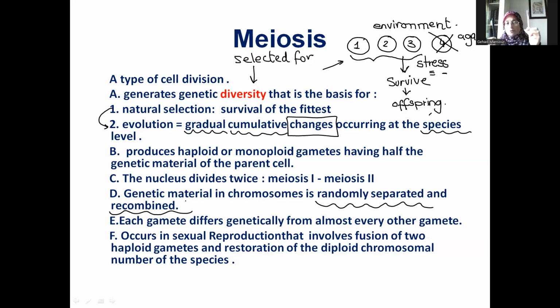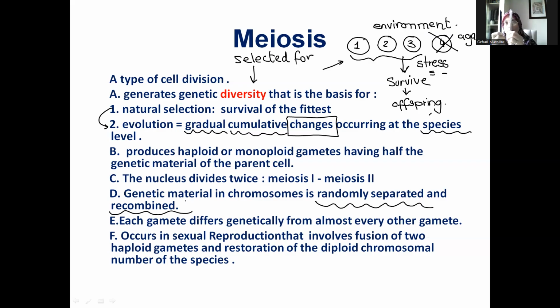So say, for example, we are making sperms. This sperm will contain the blue chromosome, and that sperm will contain the black chromosome. So this sperm will result in the formation of an individual, and that sperm will fertilize an ovum and result in the formation of a second individual, okay?